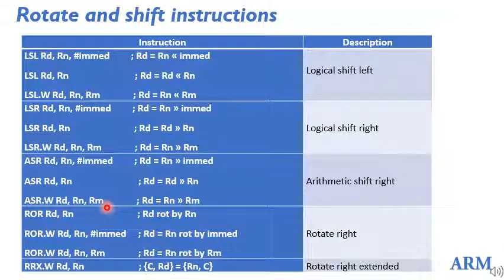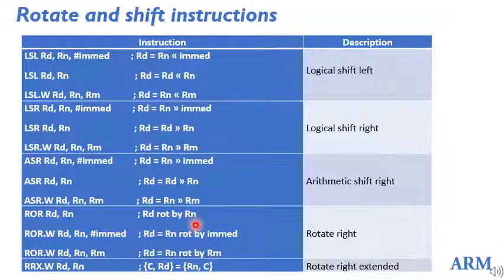Okay. Next is rotate right. The mnemonic is ROR, and RD, Rn. Here RD will be rotated by the number of positions specified by the register Rn.